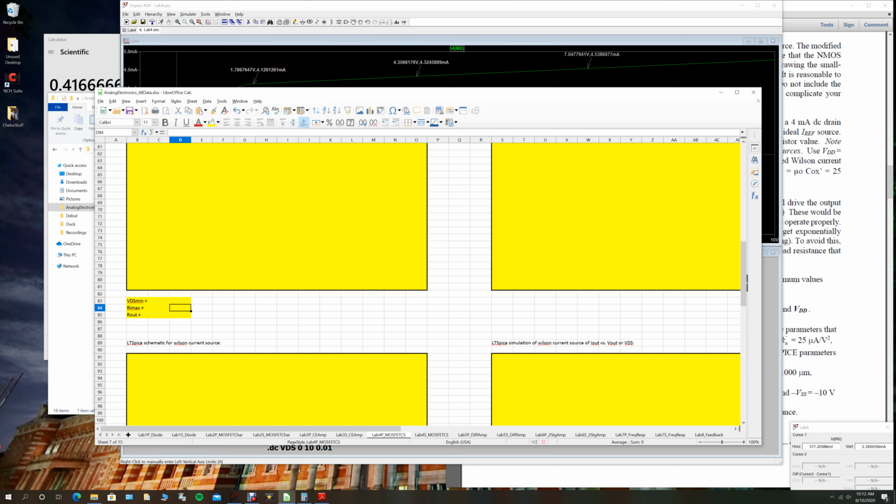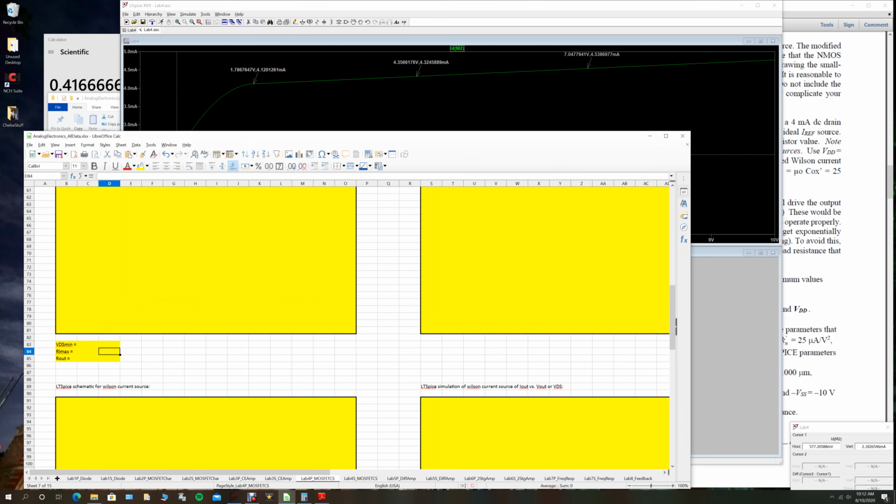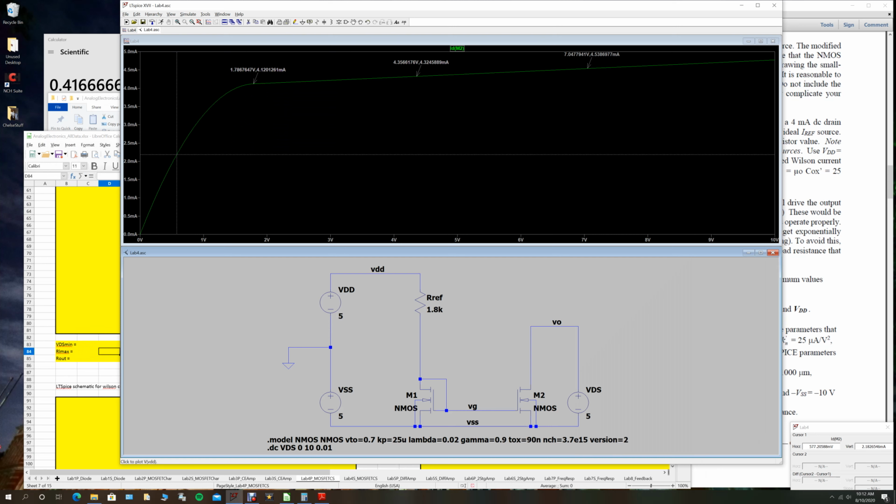You can calculate RL max just based on that VDS min value, and the same way you did for the Prelab calculations. So VDS min is about 1.8 volts. That means at minus 5 volt supply, the minimum VO can go in this schematic is about minus 3.2.